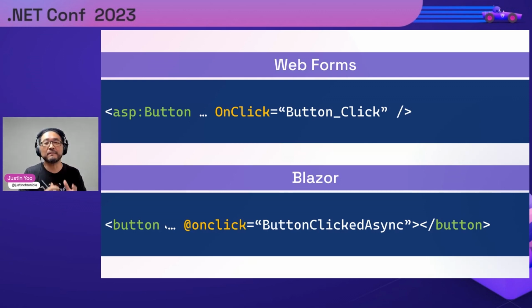That means if the event handling method takes longer than usual, the entire application is blocked until the method completes its processing. On the other hand, in Blazor, the on-click event handler in this example can take either a synchronous or asynchronous method. This asynchronous approach makes the web applications run in a non-blocking way.